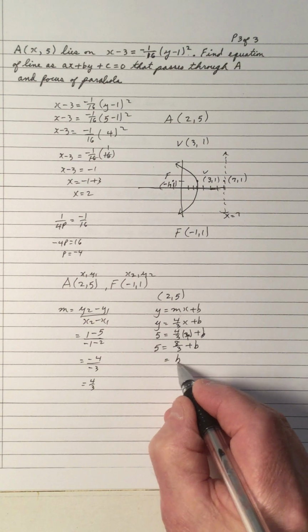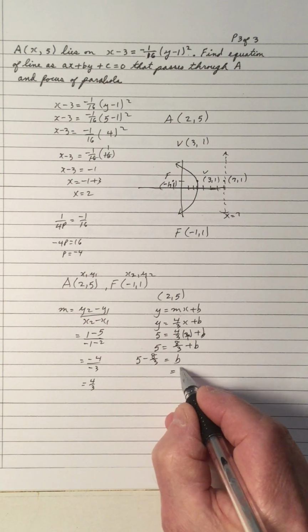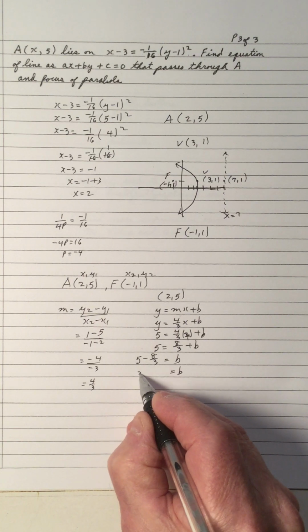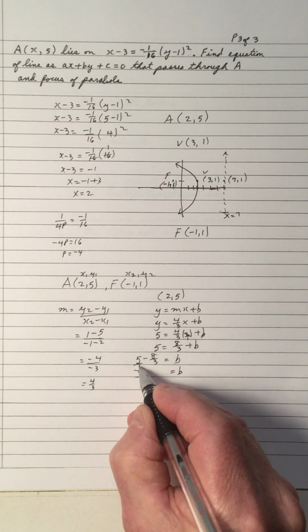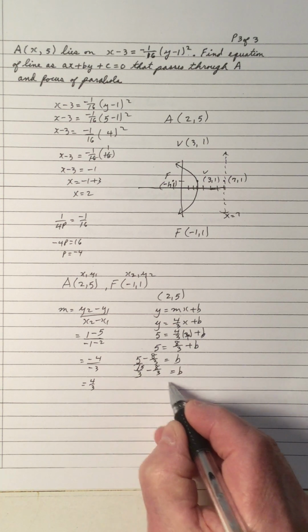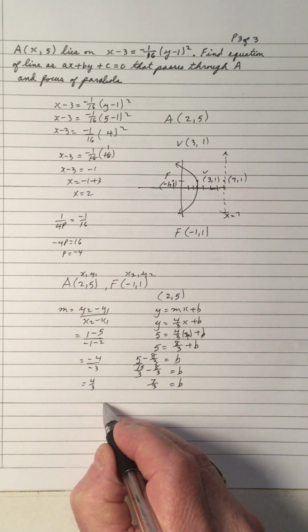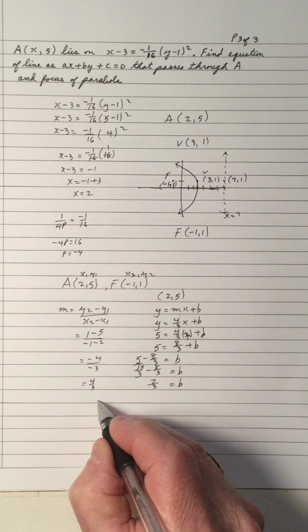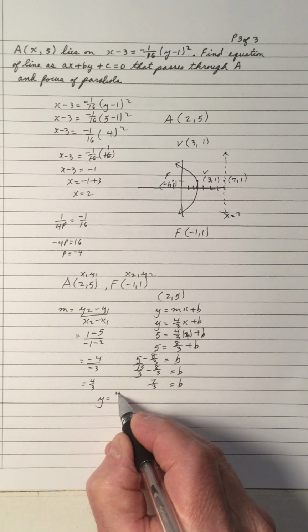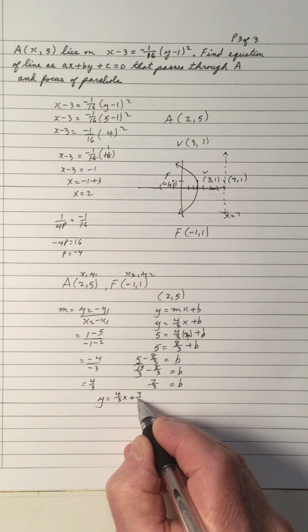So that means b is equal to 5 minus 8 over 3. Common denominator is 3. So 5 over 1 becomes 15 over 3. So b is 7 over 3. So the equation is y equals 4 over 3x plus 7 over 3.